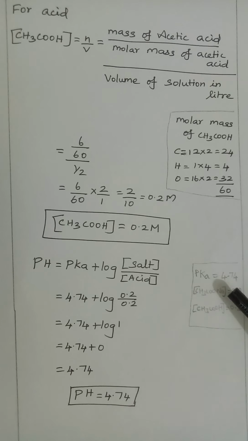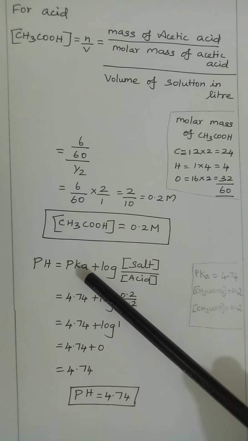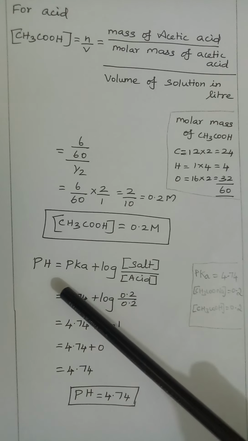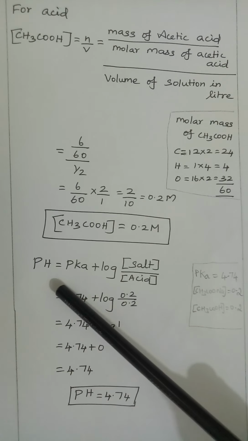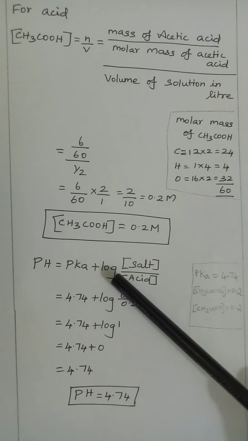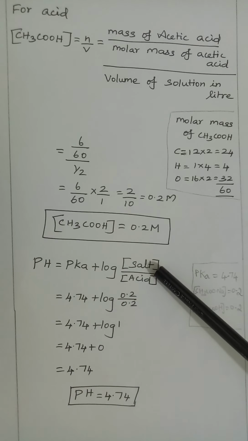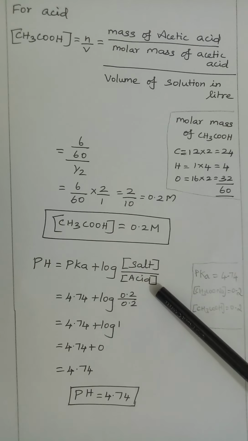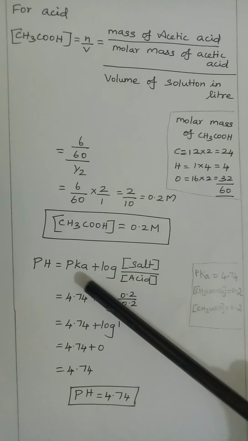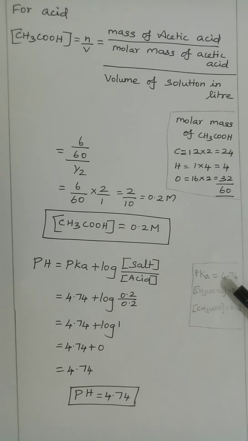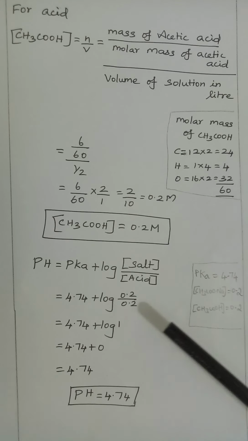The pKa value is 4.74. All the values are applied in the Henderson equation: pH is equal to pKa plus log of concentration of salt by concentration of acid. The pKa value, 4.74, is already calculated.